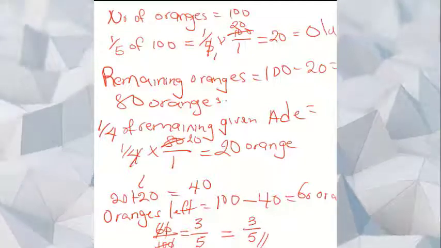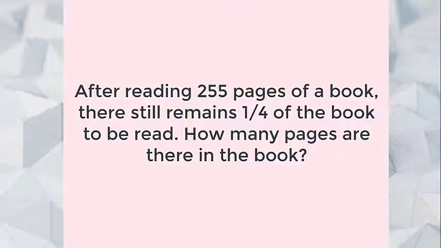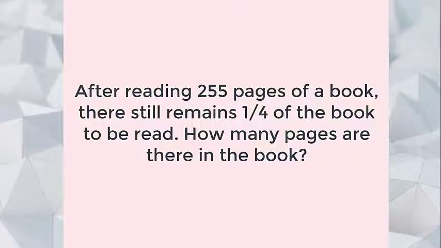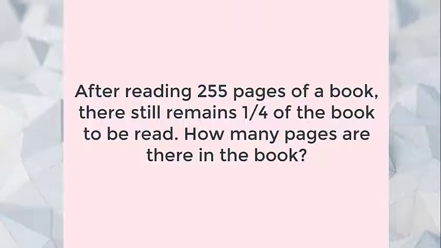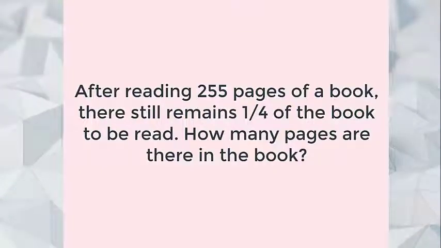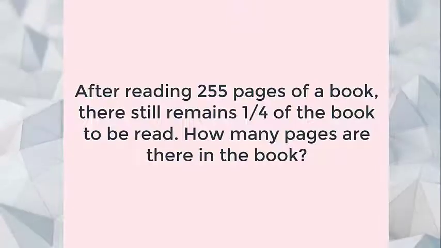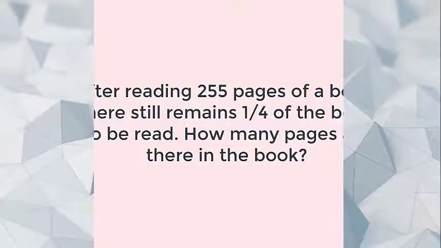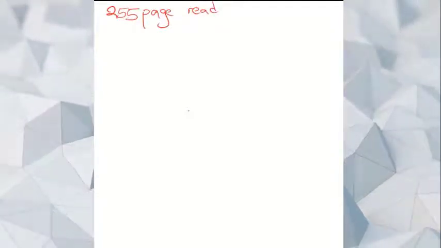Hope you're enjoying yourself. Okay, so we have, after reading 255 pages of a book, there still remains 1/4 of the book to be read. How many pages are there in the book? 255 pages have been read.